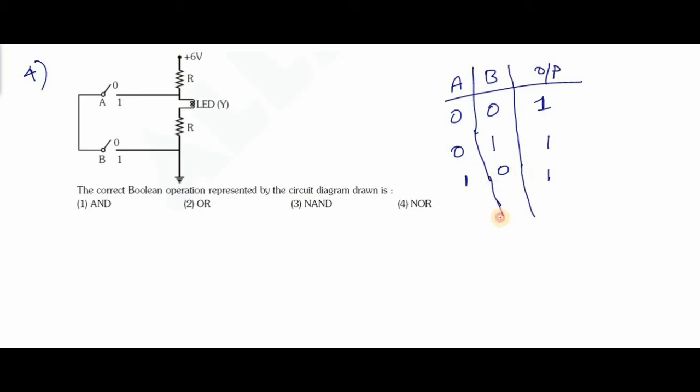And finally I am going to close both the keys. Both are 1. So here 1 and here also 1. Now the current will flow through this path. It won't flow through the other path.